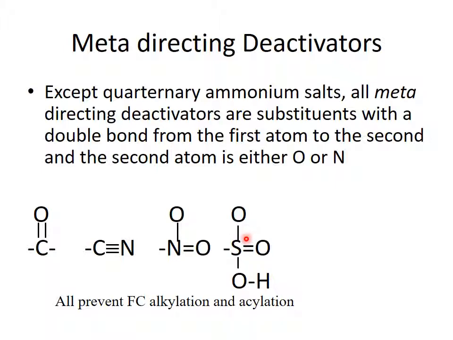All of these are deactivators and meta-directing, and they all prevent Friedel-Crafts alkylation and acylation because in the Friedel-Crafts reaction, those electrophiles are weak. So this deactivation actually puts an end to that reaction when these substituents are on the benzene ring.